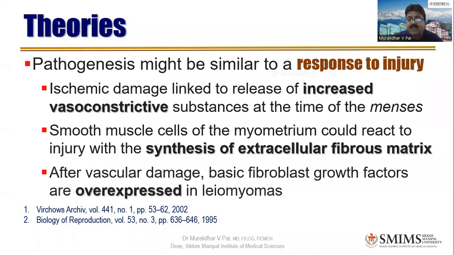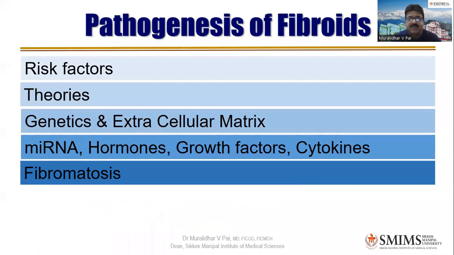After vascular damage, basic fibroblast growth factors are overexpressed in leiomyomas. Probably even vascular damage due to any other reason, maybe endometriosis and other things, or even surgeries that you do on the uterus, could lead to some sort of vascular damage, and there will be overexpression of the fibroblast growth factors, and that may lead to myoma. These are all theories. I am not saying these are all proven, but these are all theories.